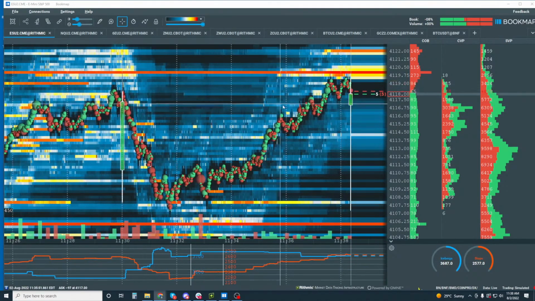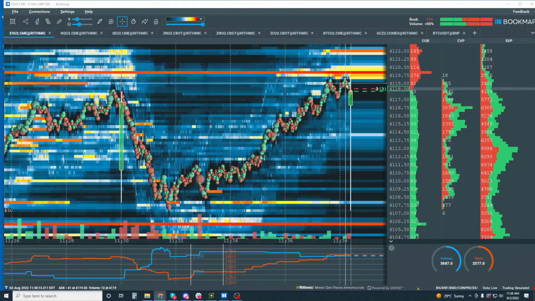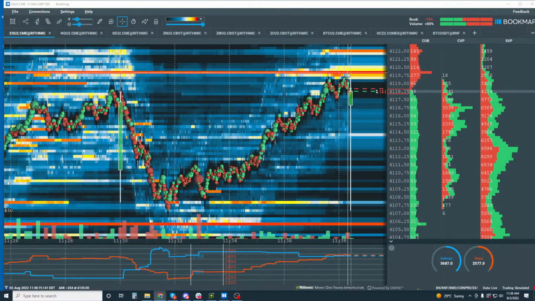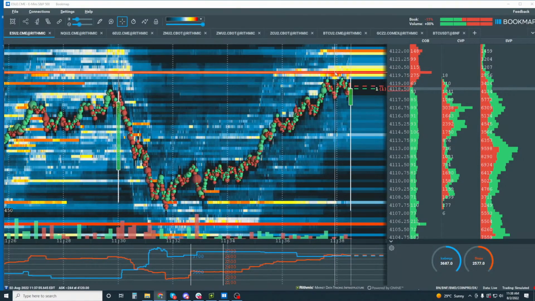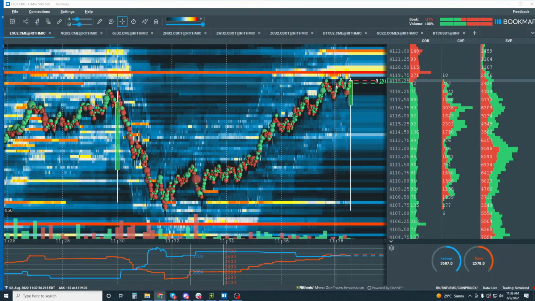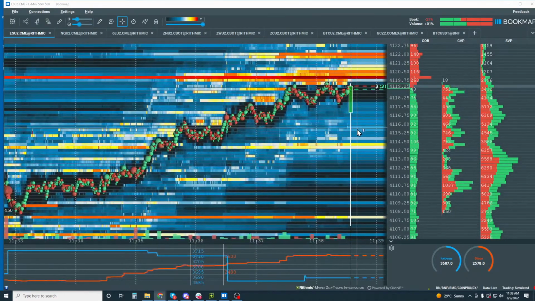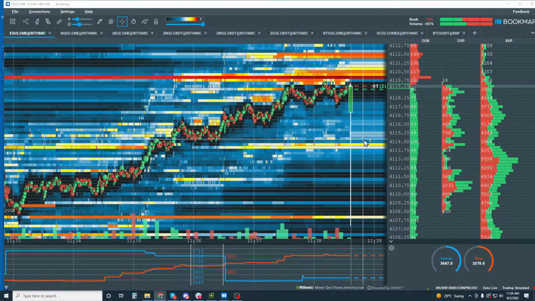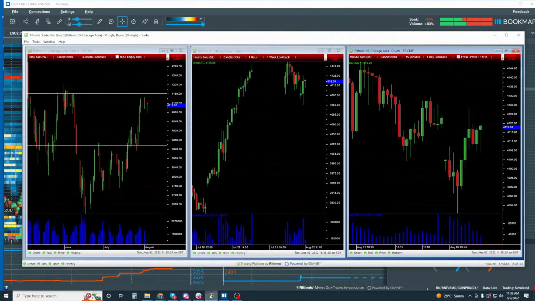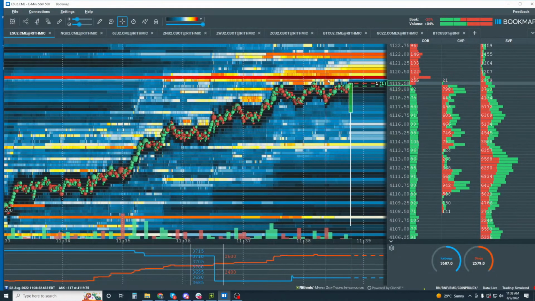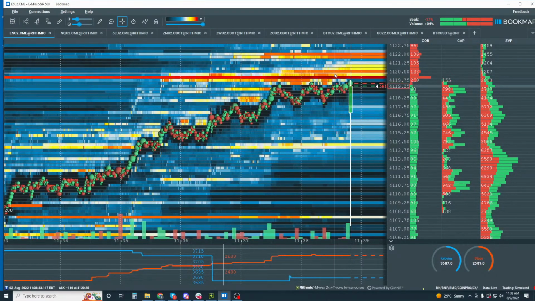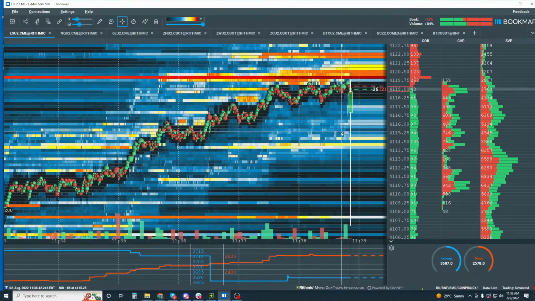Okay. Still auctioning up here, so still looking. Well, I'm not going to cover that. Looking for this to continue, just not too convinced of it right now. Okay, so still kind of looking for. We know there's sellers up here, but we see a lot of buying pressure. So we're looking for testing that up here. Looking at Bookmap here. Here's that wall of liquidity here, but we're still finding buyers.